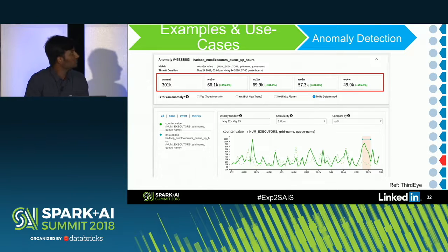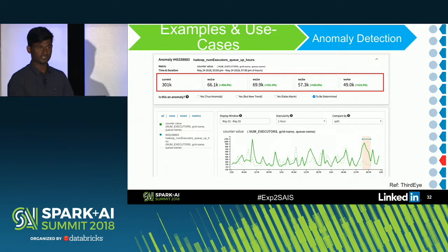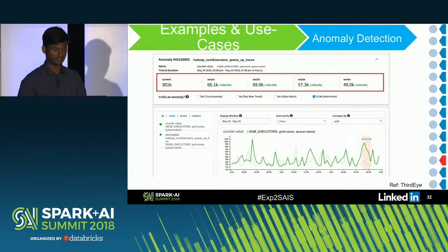So you see that the current value of that metric is about 300K, and if you see the weeks before, week over 1 week, week over 2 weeks, 3 weeks and so on, in the last 4 weeks it was somewhere between 50K to 70K, and suddenly this week there was 300K, and the system automatically detected it as an anomaly and gave an alert.